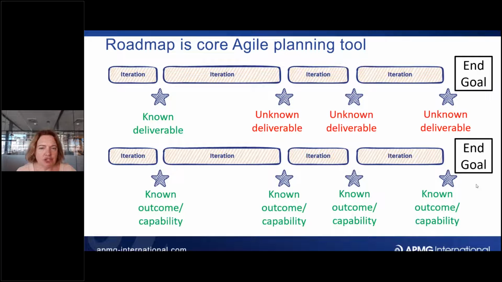You can look into the future and say, well, actually, it's not specific deliverables because we don't know what will work and what won't work. But we know what you'll be able to do, but how we'll get there and what exactly we'll give you, we'll work that out as we get closer to each of those outcomes or capabilities. But you are laying out a roadmap of intention about the shift in what they are able to do. You're managing expectations when you're looking at the roadmap effectively.